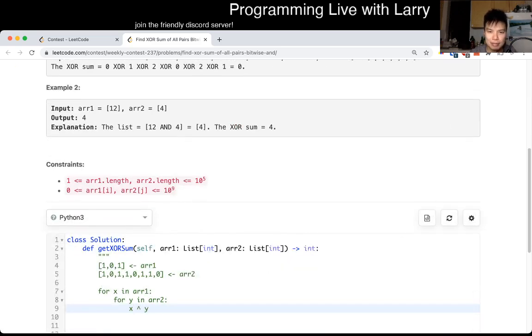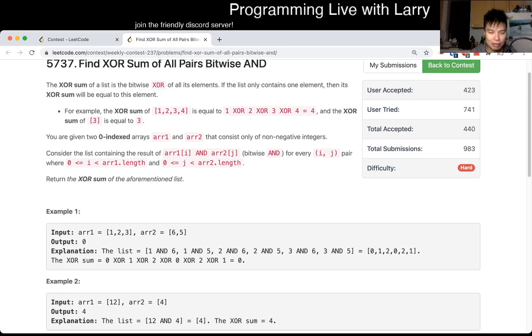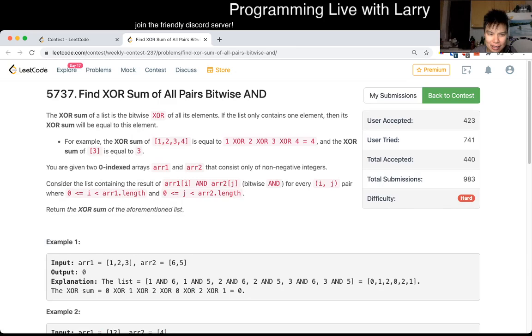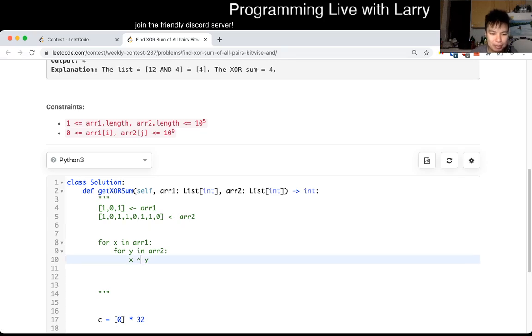I forget which way it goes. Oh, you do the AND. Whoops, sorry. So we do the AND, right? And then now we have k start at 0, say, and we XOR this by the x AND y, right? And of course, that's fine.